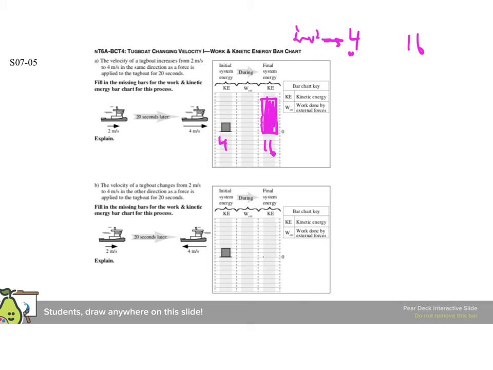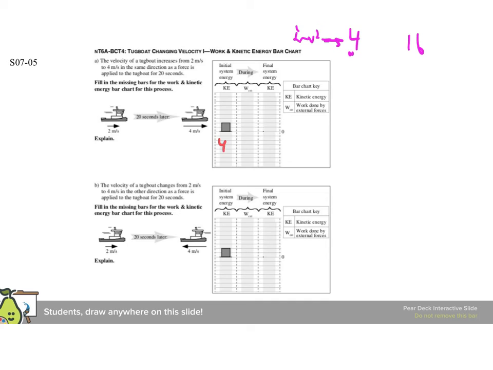And therefore, the work done, I've been trying to do colors differently, so let's just do this in red. I'm just trying to do colors consistently. Actually, in fact, let's just clean up.